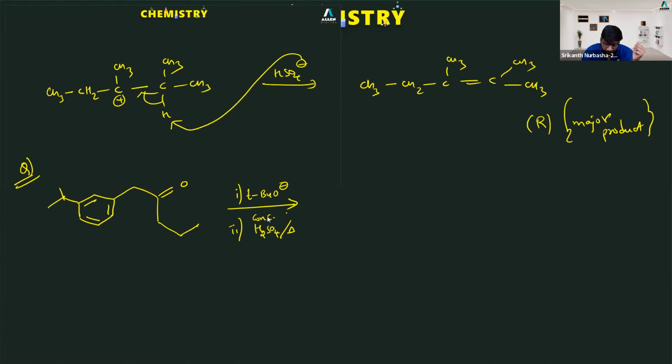I have given a compound to you in this manner. First treated with tertiary butoxide, then treated with concentrated H2SO4 upon heating. What is the major product? Try to think on this question for a minute at least.